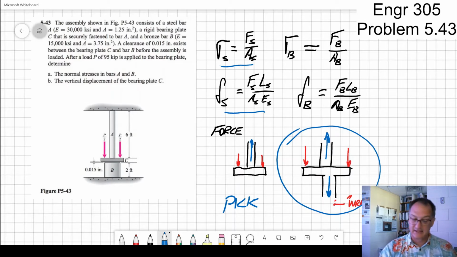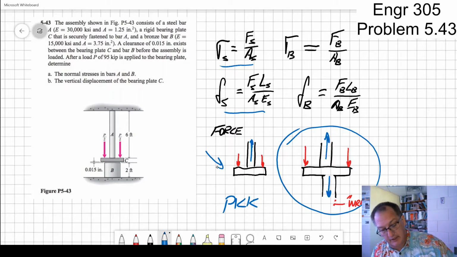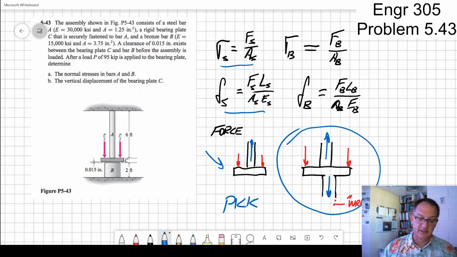Or the other way, I could pick this one and calculate that delta, which is equal to the force in the steel times the length of the steel over area and Young's modulus. I'd figure out that it's greater than 15 thousandths of an inch, which is that gap. And that's not a bad thing to do.